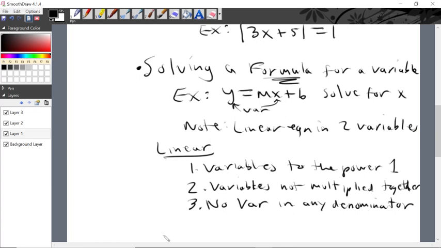Now, linear equations and linear expressions form a basis for a lot of the geometric and other analytic techniques that we need in order to define the things that we're going to be doing in a calculus class. So it's important to understand the nature of linear equations and expressions, techniques for dealing with them, and then being able to use that information as a basis for dealing with other nonlinear forms of equations and expressions and geometries as well.